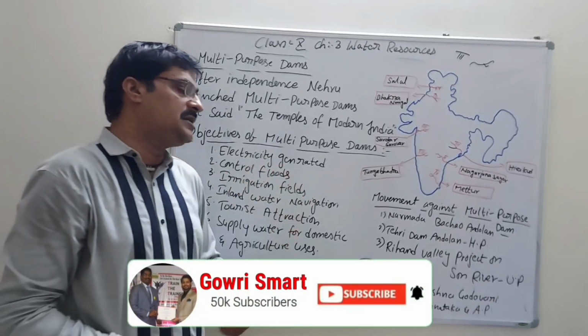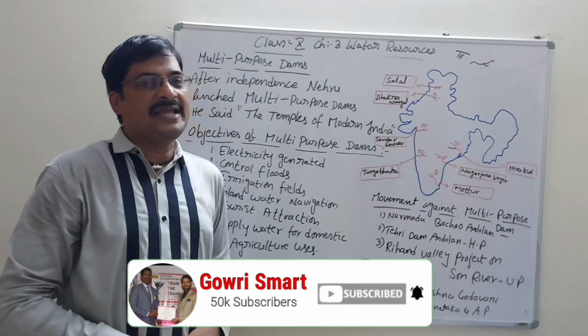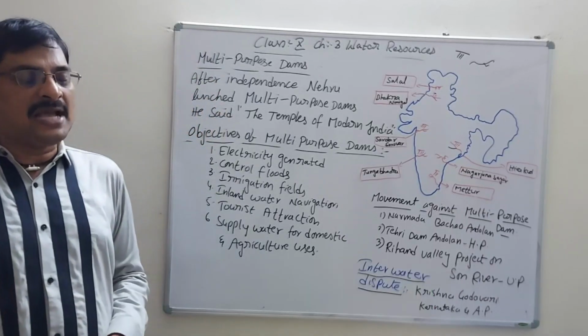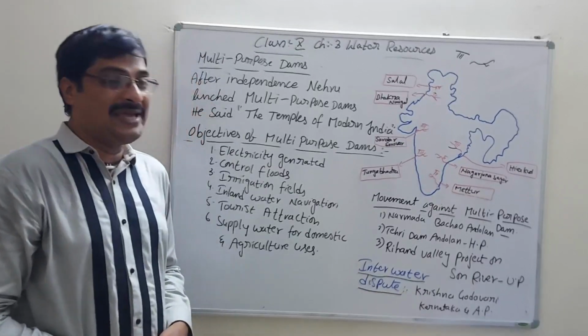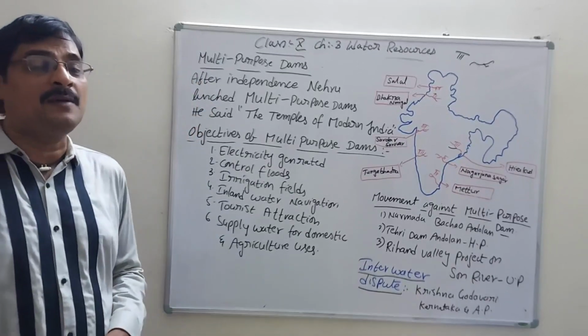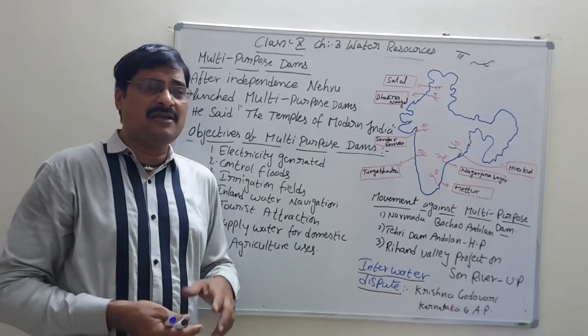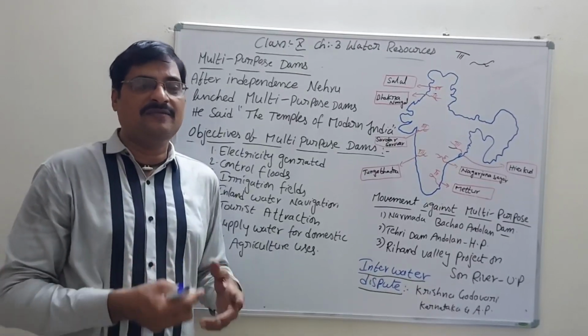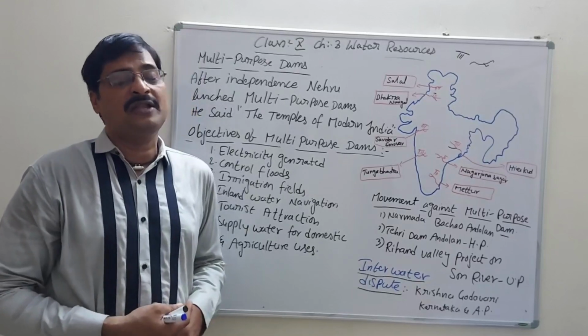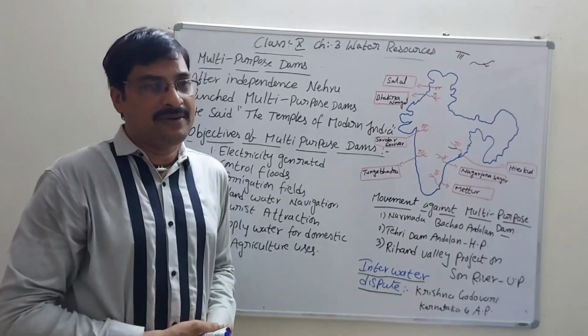Come to the point. According to that, movements against multi-purpose dams. What are these movements? They are against the construction of dams. Yes, dams are very useful, they have many advantages, and they are very profitable for the government.